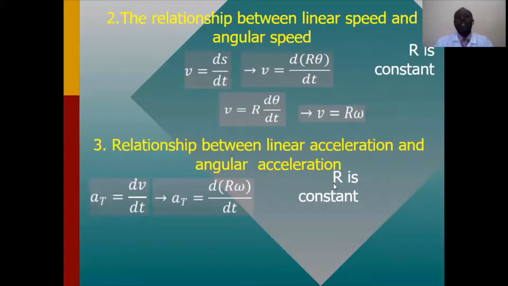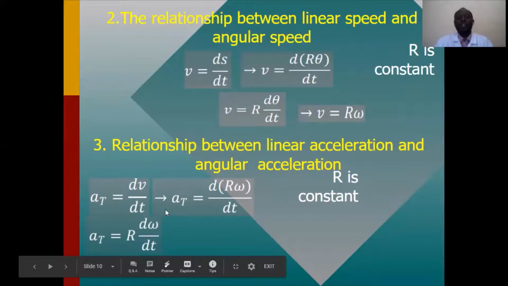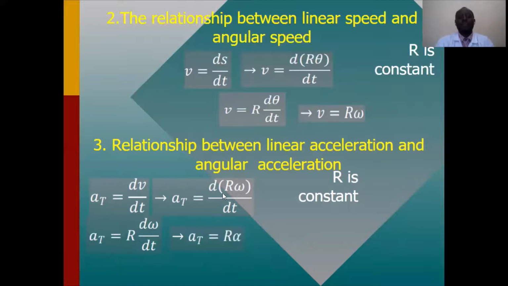As r is constant, we have tangential acceleration is equal to the radius times the derivative of angular velocity with respect to time. Remember, the derivative of omega with respect to time is the angular acceleration. So finally, we have the relationship between tangential acceleration and angular acceleration.